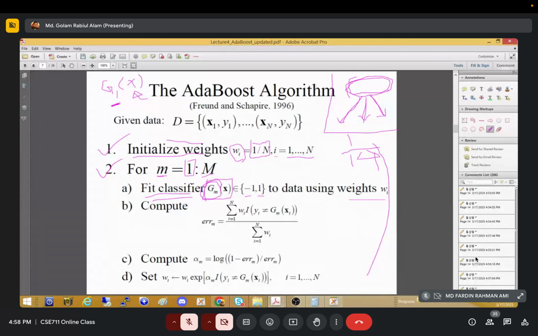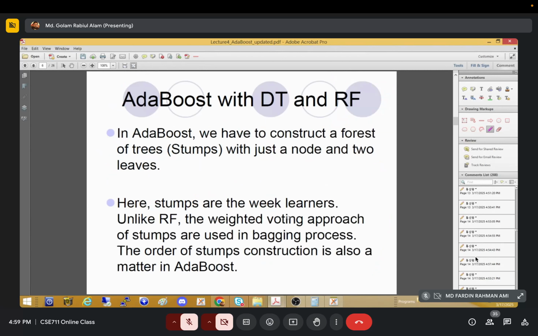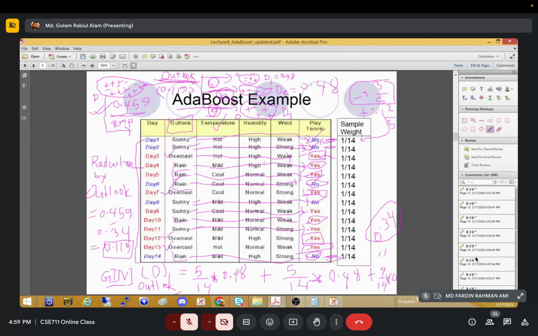Then we have to pass our data set to G1, and it will produce the output, either -1 or +1. So if we pass our data set to the stump, this is our data set. We pass this data set to our stump.